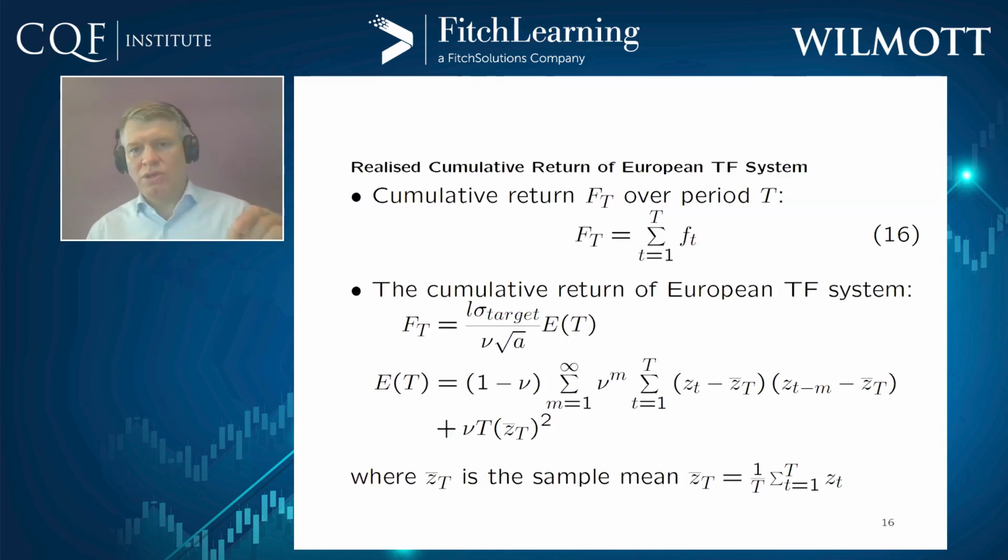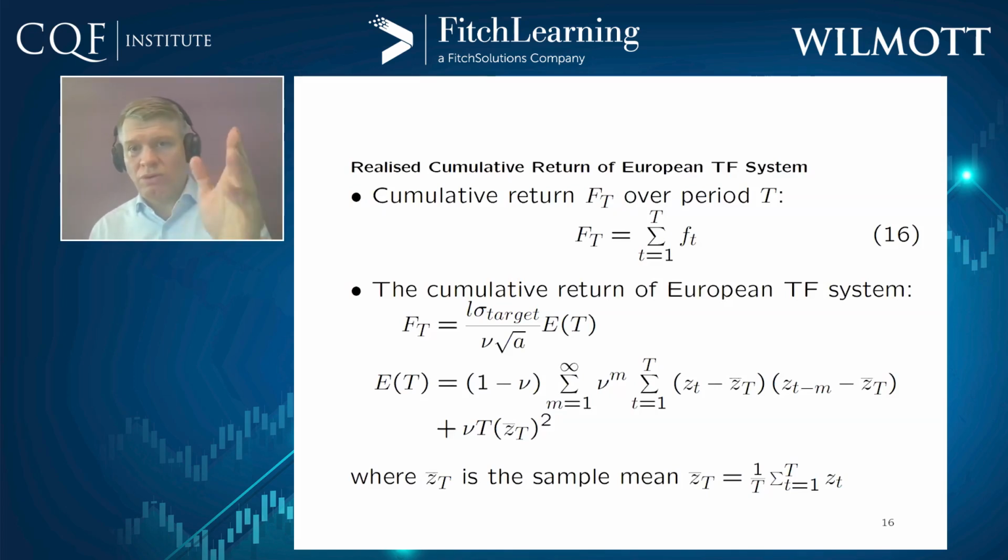So this is the term related to autocorrelation, and the second term is related to the sample mean of the return distribution. So there are two features. One is autocorrelation, and the second is drift, like average drift. And this formula is a sample-based formula. So we observe realization on Z, and we can use this formula to compute.